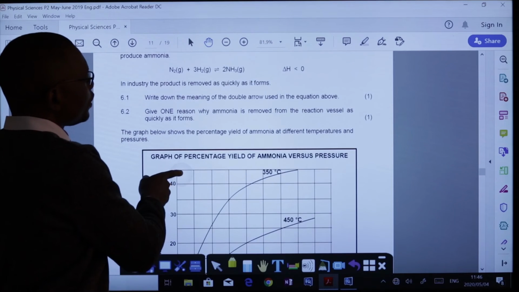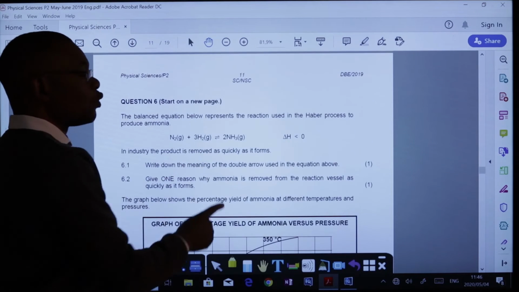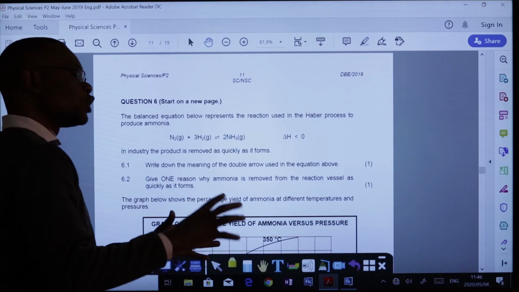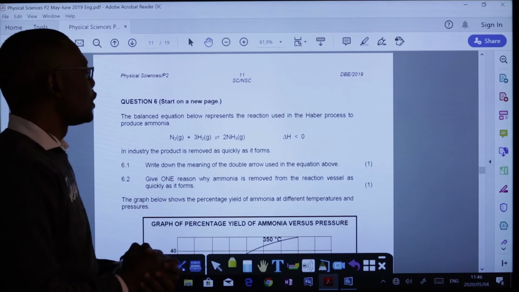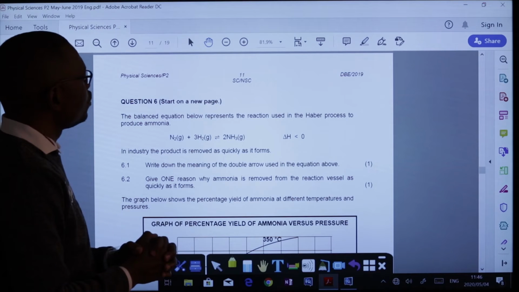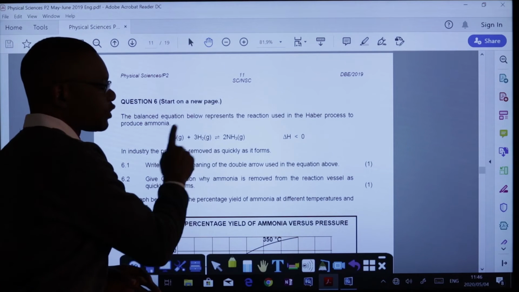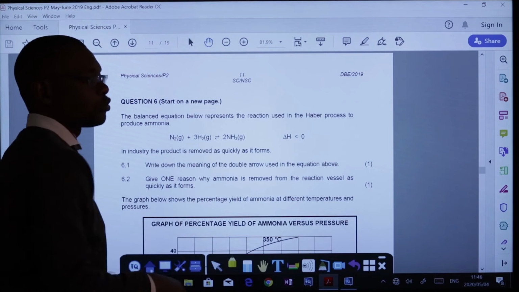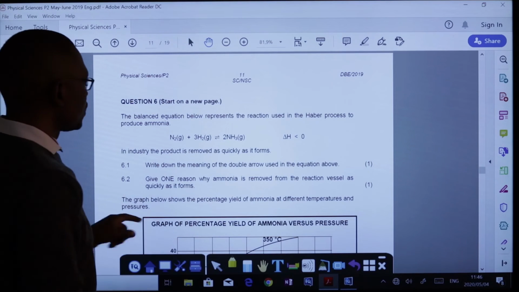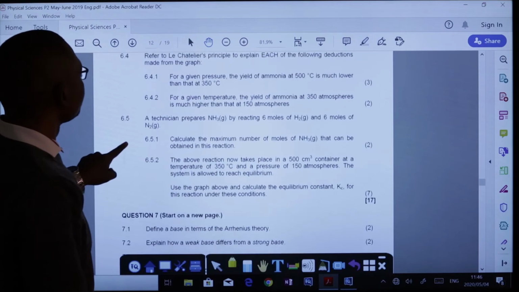So if you increase the pressure, you need to reduce the number of molecules to bring the system back into equilibrium. So it will favor the combination of reactants to form fewer molecules of ammonia, and then you establish an equilibrium. Okay, so that's for 2 marks.